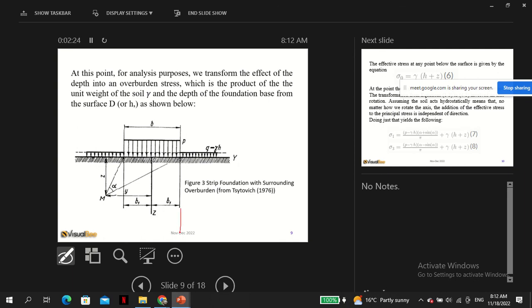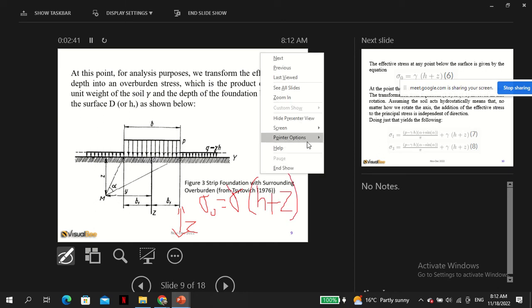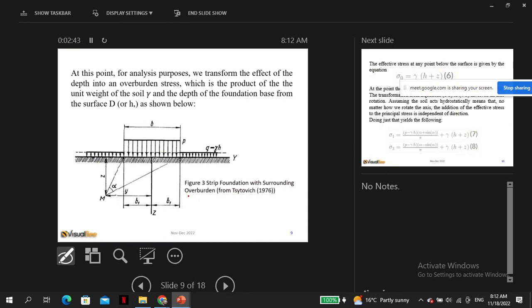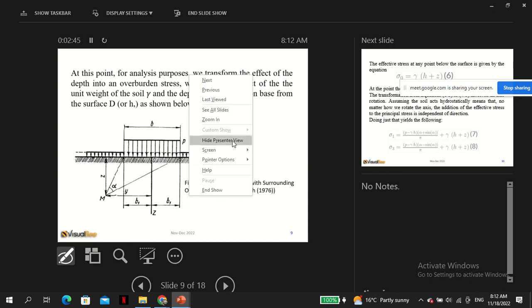If this is Z, some additional height Z, sigma naught is gamma into H plus Z. You should know this, gamma into H plus Z, from the principles we have already established before.